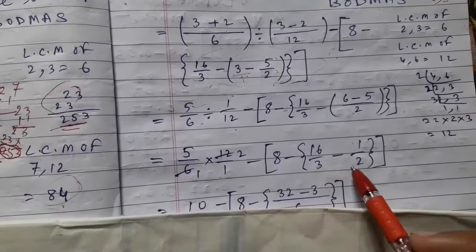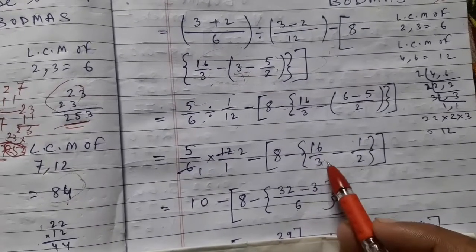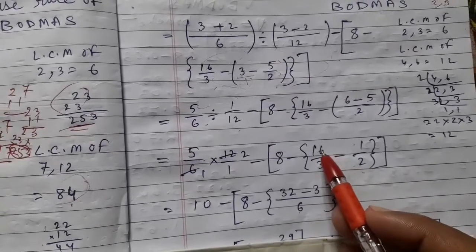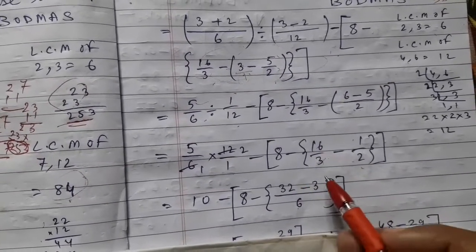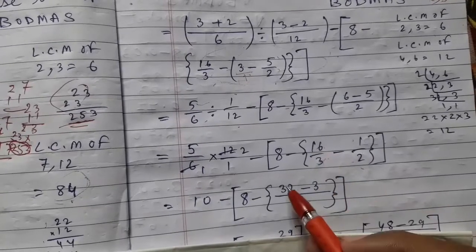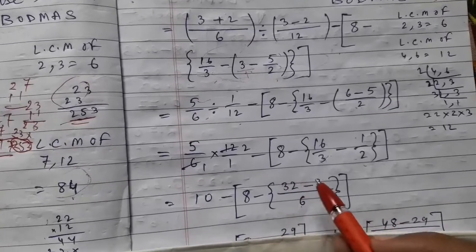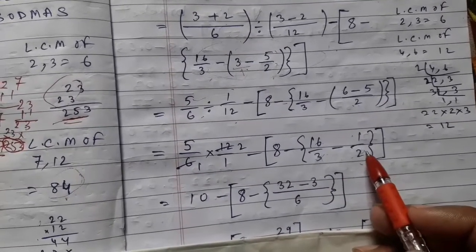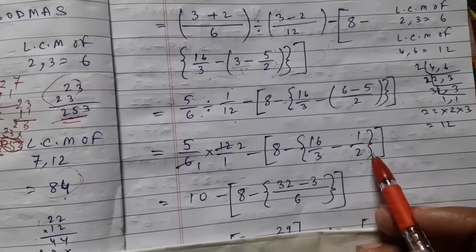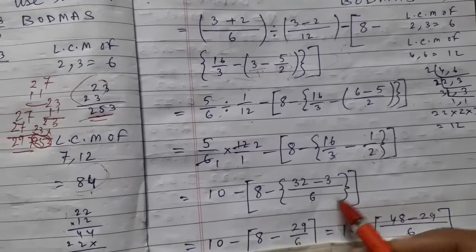Okay, the LCM of 2 and 3 is 6. 3 2s are 6, that means 2 multiply the numerator number. 16 2s are 32, 2 6s are 12, carry 1, 2 1s are 2 plus 1 is 3. Okay, 32, there we have to get 32. 3 2s are 6, that means 2 multiply 3 6, the 3 multiply 1, 3 1s are 3. Clear?